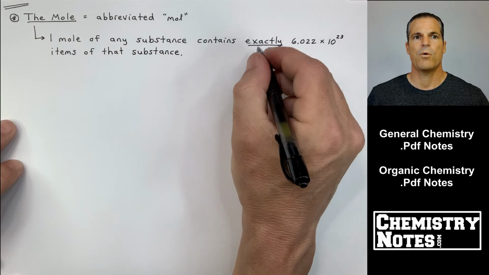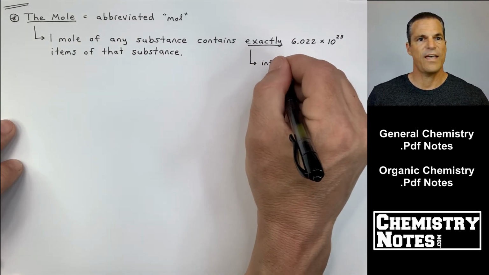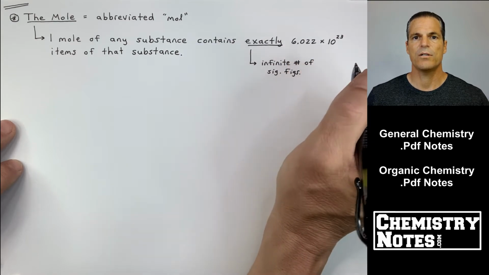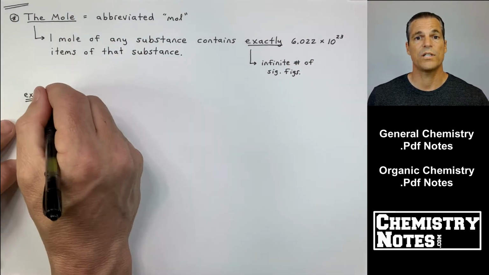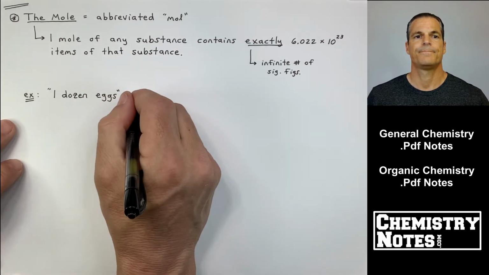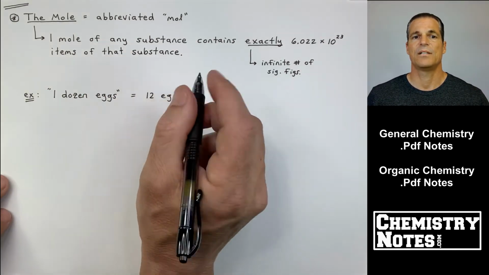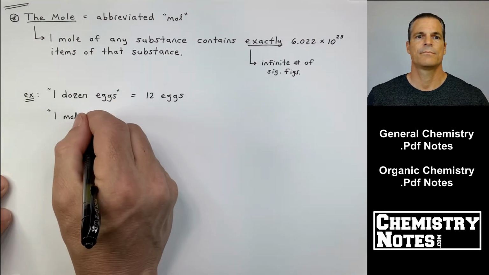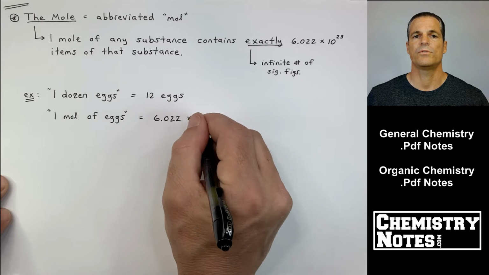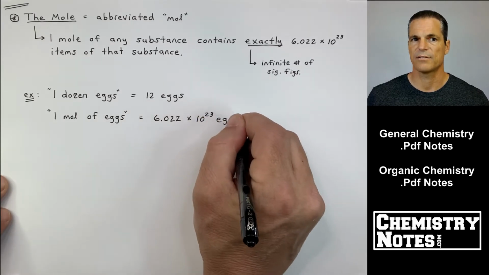One mole of any substance contains exactly 6.022 times 10 to the 23rd items of that substance. Okay? As an example, a dozen eggs is 12 eggs. If I have 1 mole of eggs, I have 6.022 times 10 to the 23rd eggs.